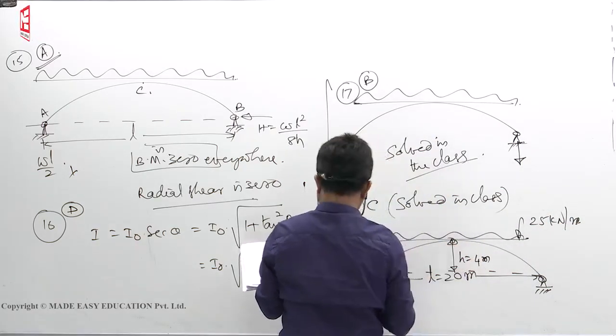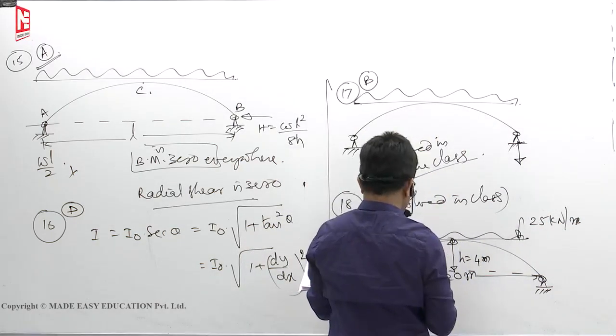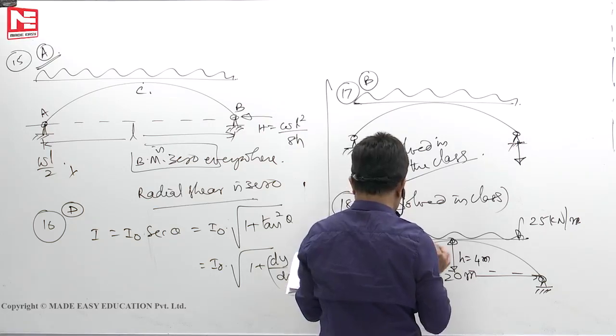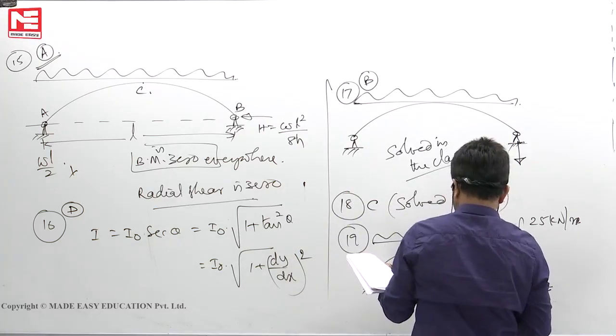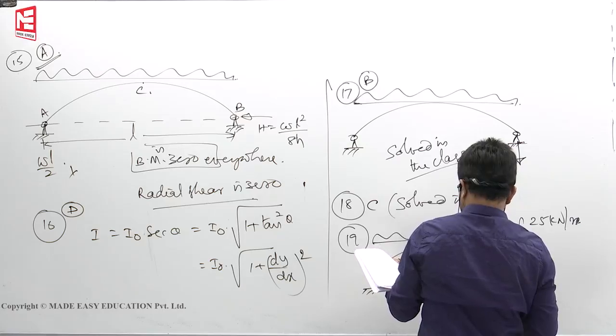This is a 3 hinged arch. UDL was there. If the arch is now subjected to a temperature rise of 40 degrees centigrade, then the change in horizontal thrust will be.